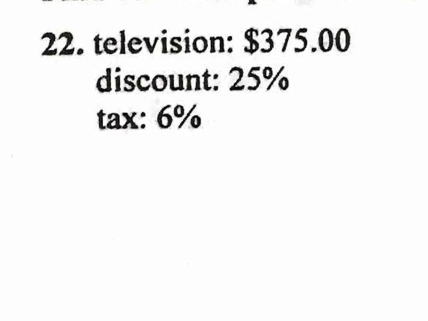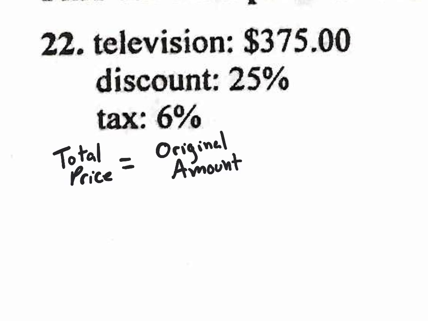Okay, we're going to begin with the notes that we need to know. The notes say that the total price is going to equal the original amount times parentheses 1. Now, if I'm talking about the discount, is it going to increase the price or decrease the price?